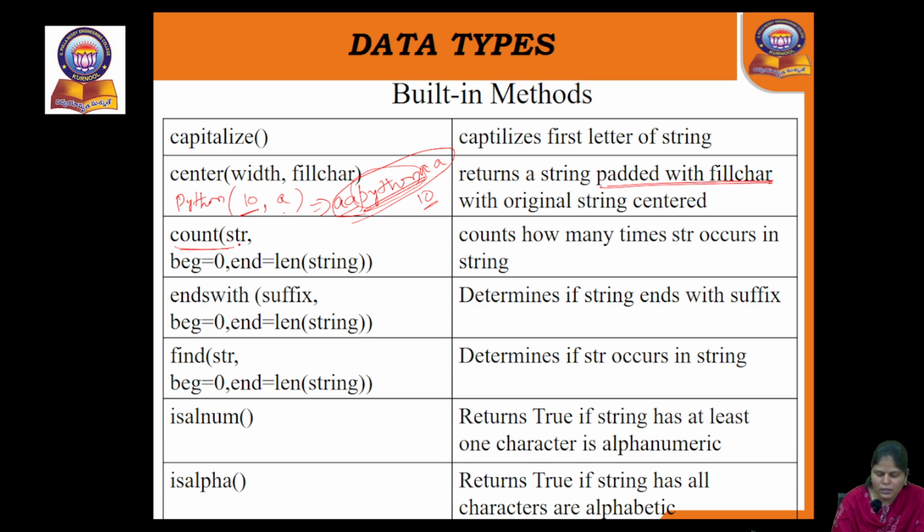So count str will check the number of times this str has occurred within a string. Here b indicates the beginning index, n indicates the end index. So it will start from the starting index 0 up to the length of the string, and it will count how many times str has occurred in the string.